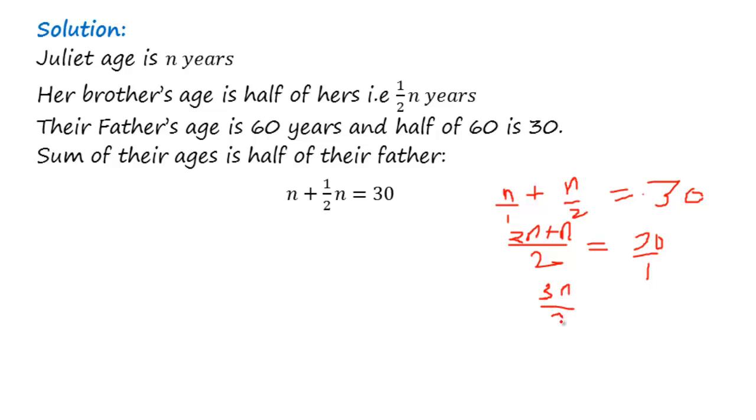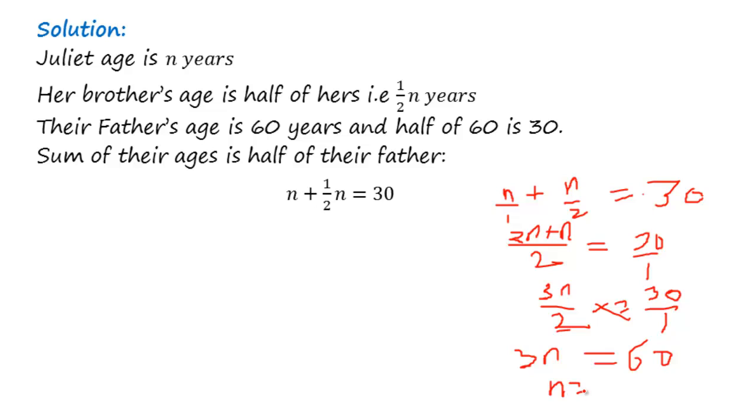3n divided by 2 is now going to be 30 divided by 1. You see now, you can cross multiply like this, which is now going to be 3n times 1, which is 3n, and then 2 times 30, which is 60. Now you can divide both sides by 3 to get n.